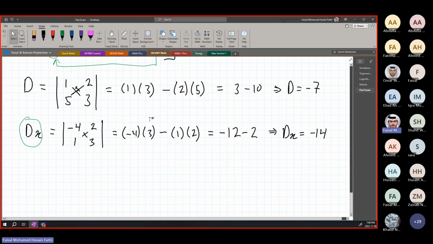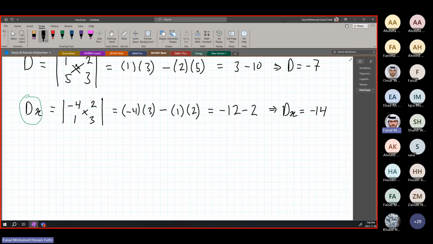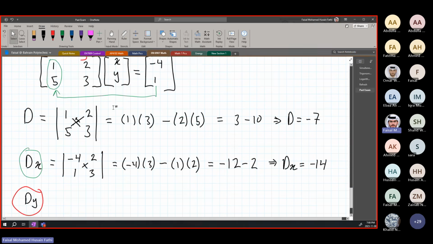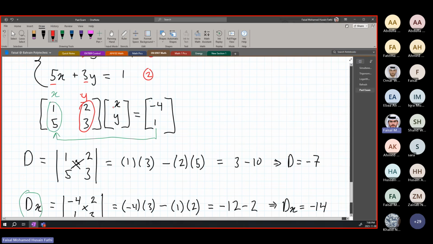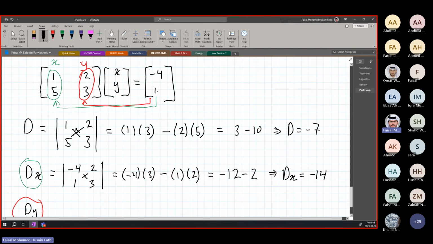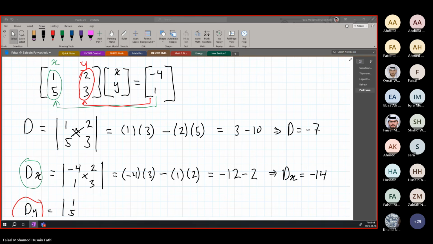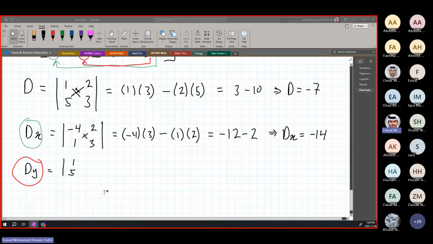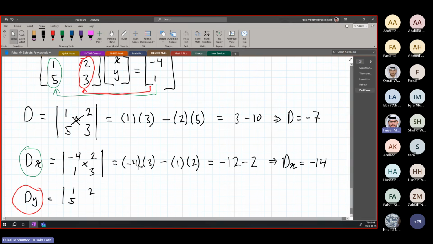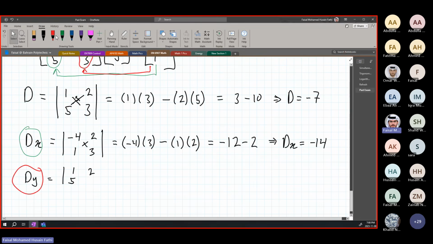Okay, now we will do the exact same thing for dy. For dy we have to replace the y column with the solution and find the determinant. So it's 1, 5, the x column stays the same, and not 2 and 3 but minus 4 and 1, we are replacing it with the solution.